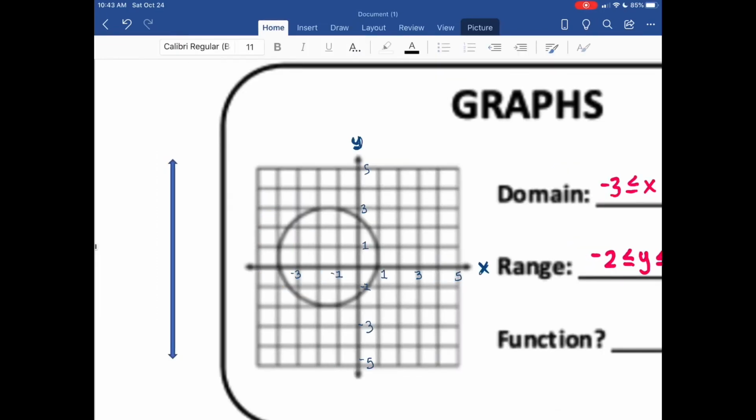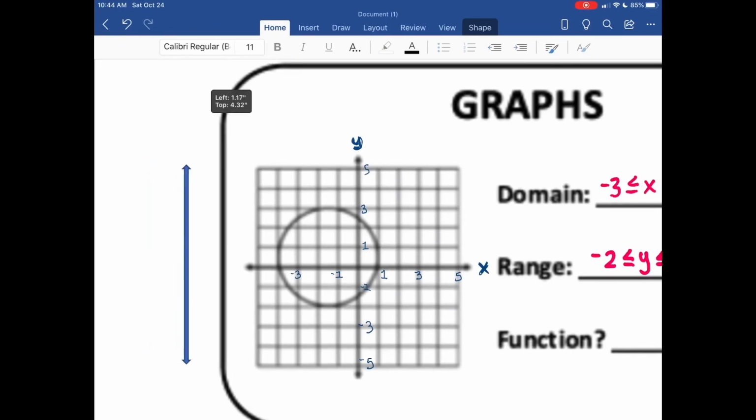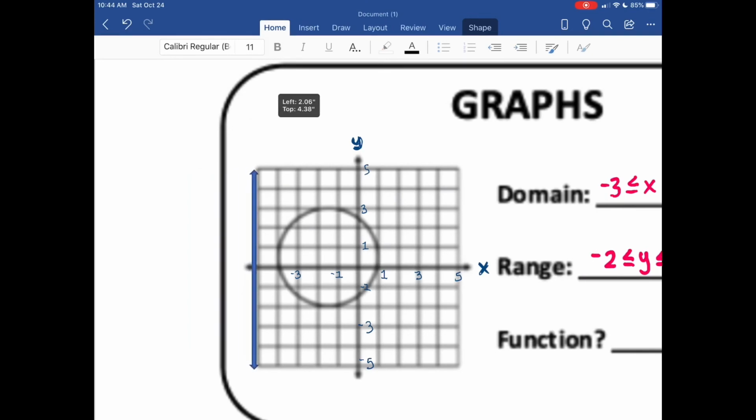Now let's talk about that vertical line. So if they're asking me, is that relation a function? What I want to do is think about if I had a vertical line and I dragged it across my graph, would it intersect my graph in more than one point at any time?